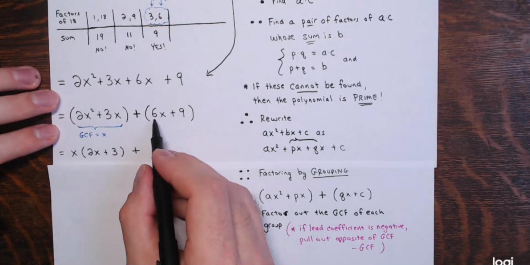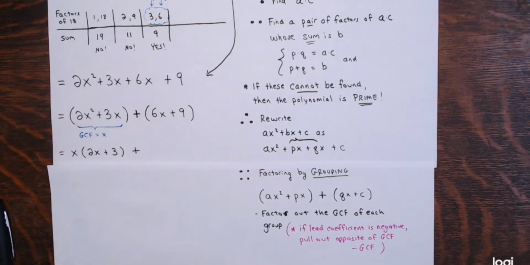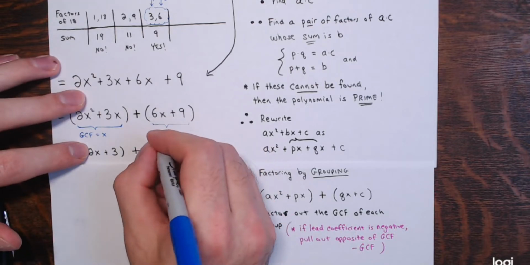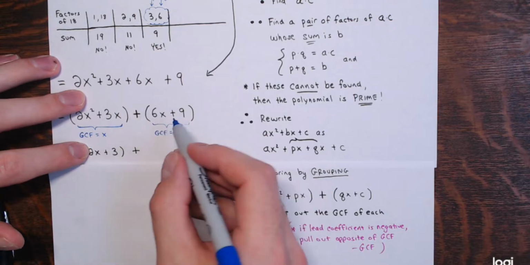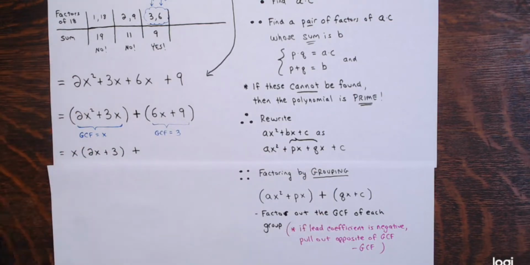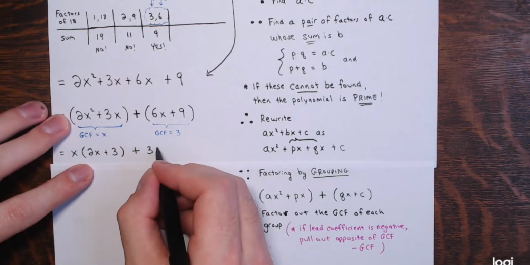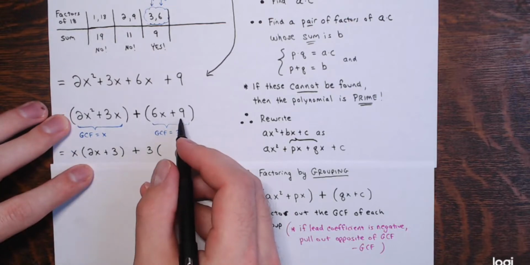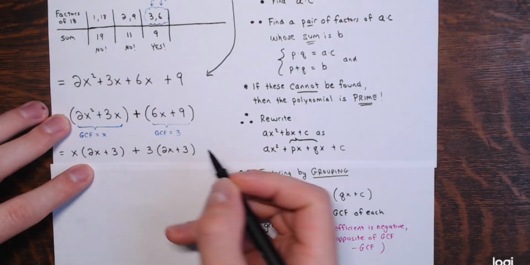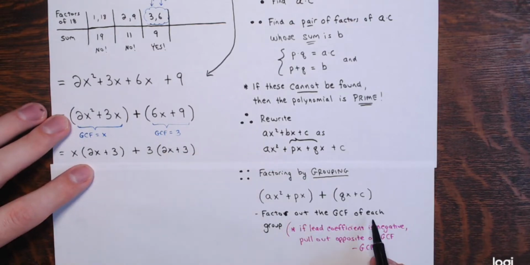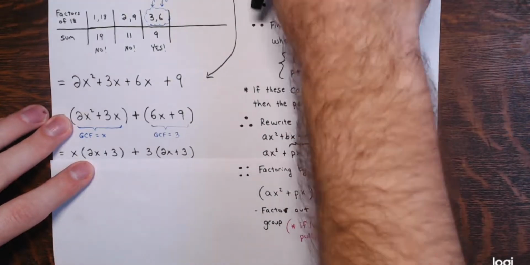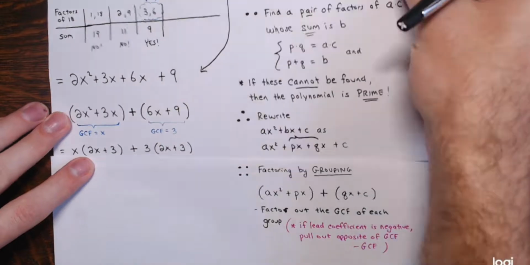Plus, and then the second group, I do the same thing. The 6x plus 9. What's the greatest common factor of that group? Well, that'd be 3. Alright, so I pull 3 out. And then what's left over in this group when I remove a factor of 3 would be 2x plus 3. So you factor out the greatest common factor of each group, and then you factor out the greatest common factor of the entire expression.